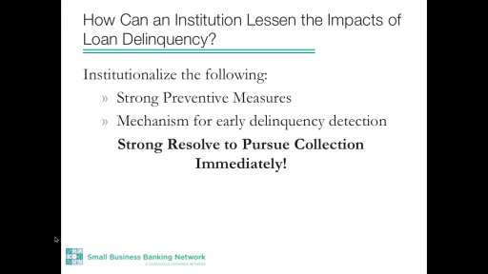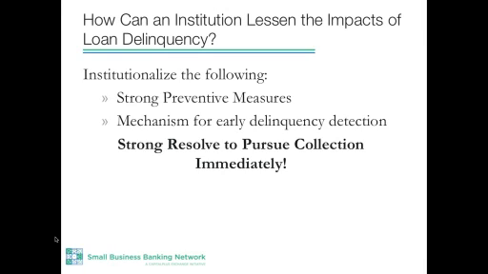Slide number 6 tells us that almost all of the drivers of loan delinquency are under our control. And slide number 7 tells us how delinquency can doubly hurt an institution, financially and non-financially. Picking it up from there, let us now discuss how an institution can control the impacts of loan delinquency.